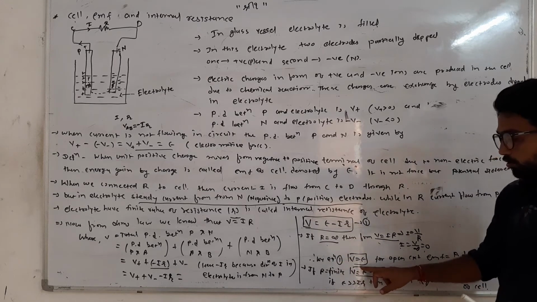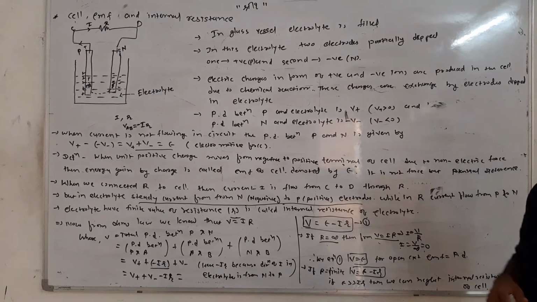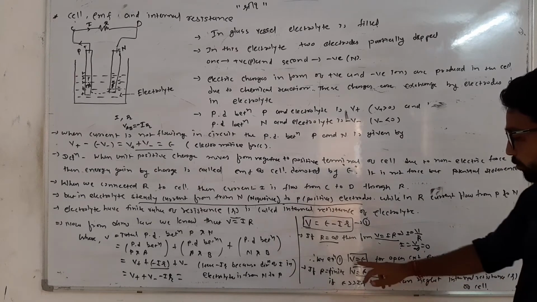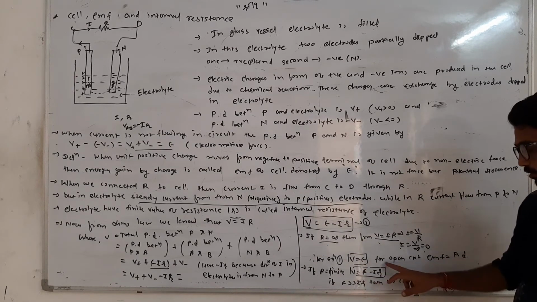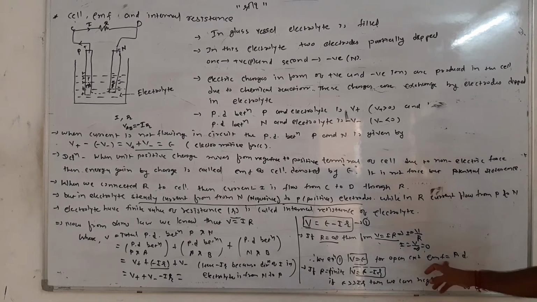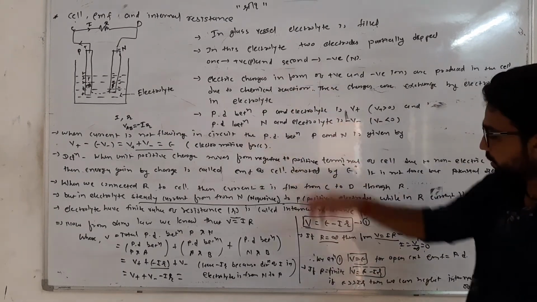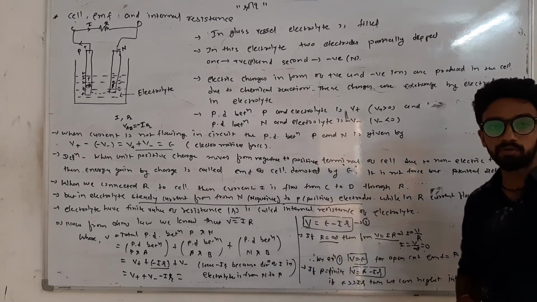So these equations conclude that whenever resistance value is infinite, that means for the open circuit, our potential difference is equivalent to EMF. But suppose our resistance value is finite. At that time, this current value is not zero.